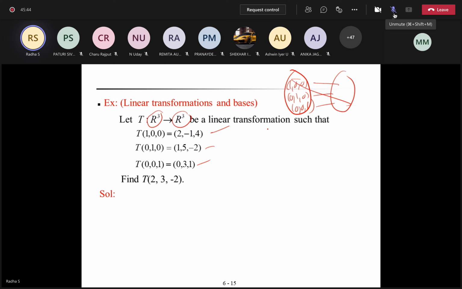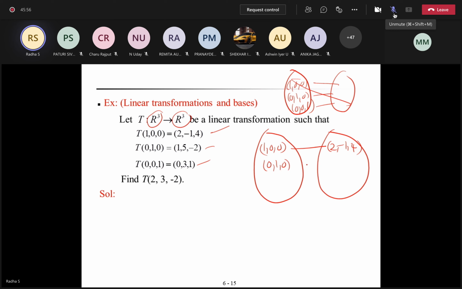Okay, better I'll draw a big figure. 1 0 0 goes to 2 minus 1 4. 0 1 0 goes to 1 5 minus 2. 0 0 1 goes to 0 3 1. We need to find where does 2 3 minus 2 go, right?